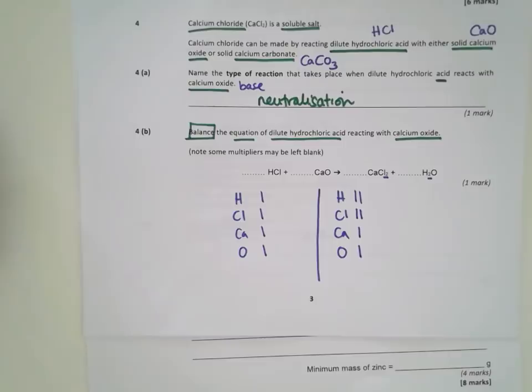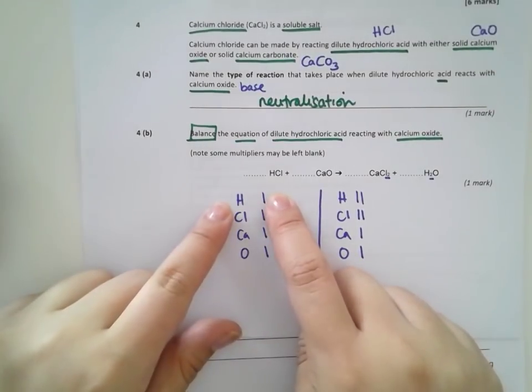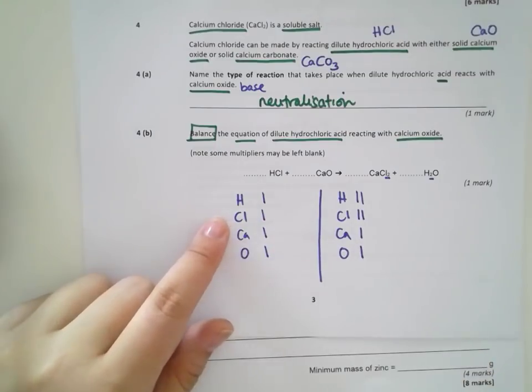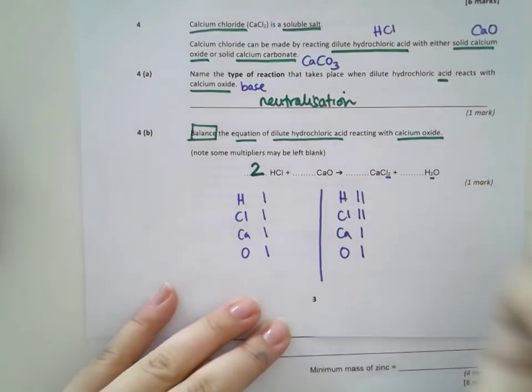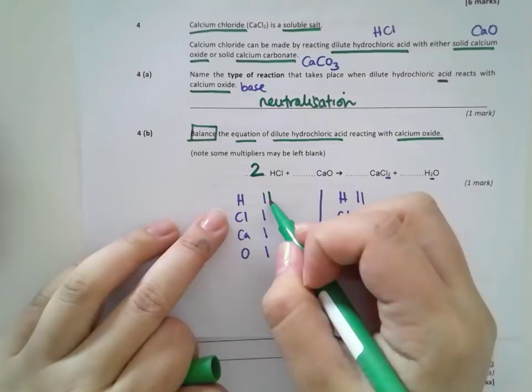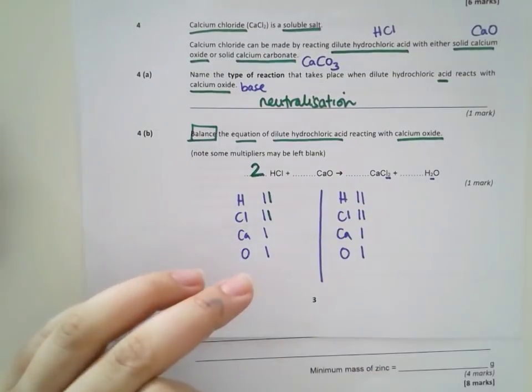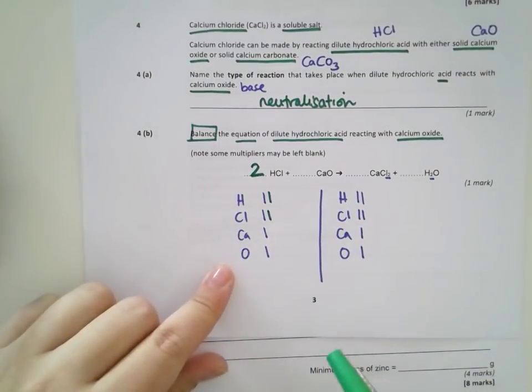So we can see that on the reactant side we are missing a hydrogen and a chlorine. So put a big 2 in front of it. So now there are 2 hydrogens and 2 chlorines. That is now balanced on both sides.